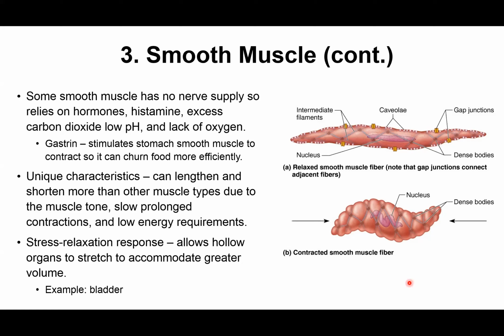Additionally, this type of muscle doesn't require a lot of energy, and so this makes it capable of producing these extreme lengthening and shortening. So here would be a relaxed smooth muscle fiber, and then a contracted smooth muscle fiber. And you can see it's a pretty significant difference in its contracted and relaxed phase.